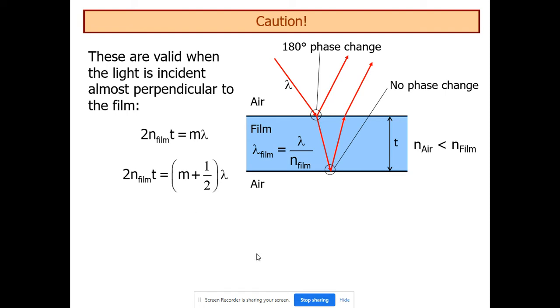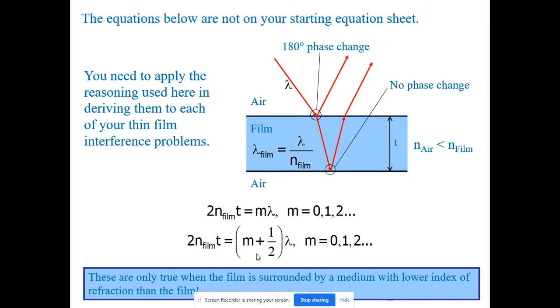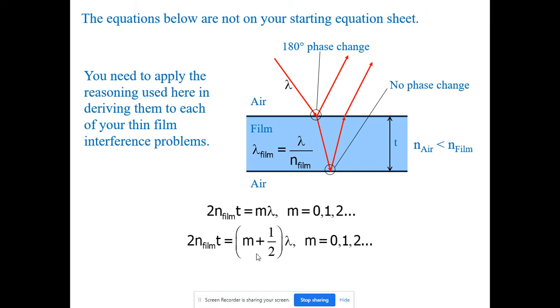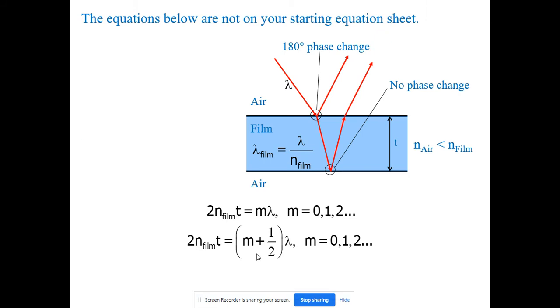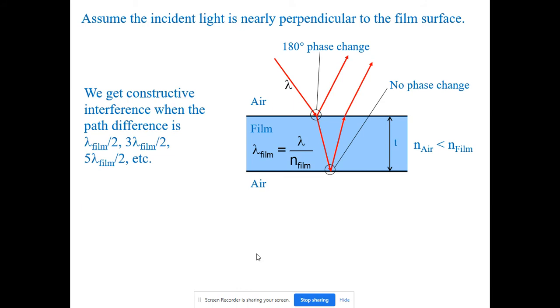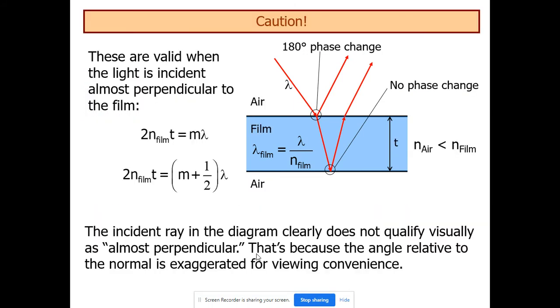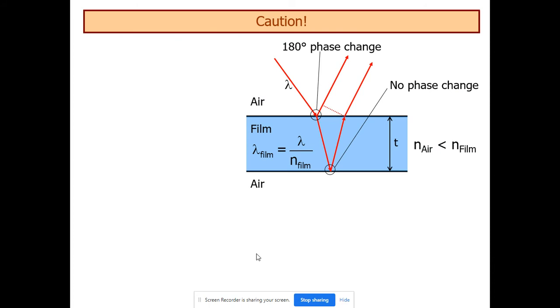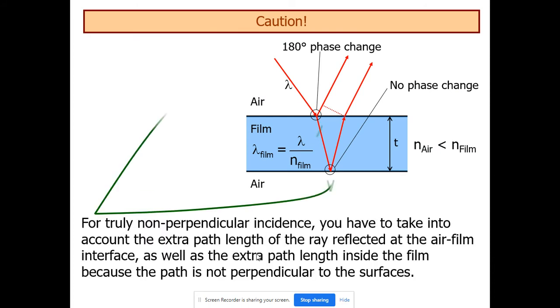If this is not the case, and the light is not exactly perpendicular, we have to consider this extra path which may be more than t.